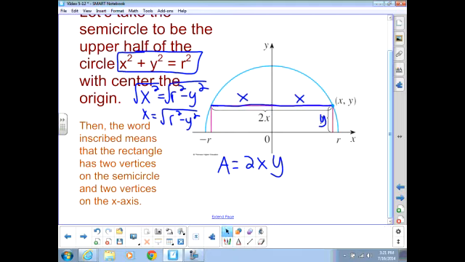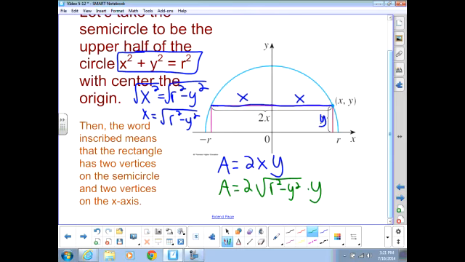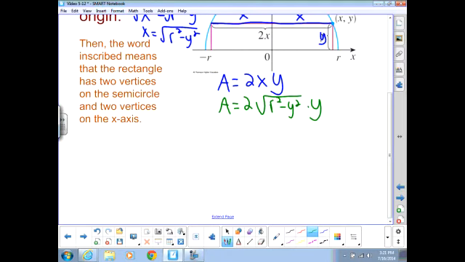When we sub that in for x, we'll get A is equal to 2 times the square root of r squared minus y squared times y. And to neaten that up, let's just write the 2 and the y out front together, and we'll put the r squared minus y squared in parentheses raised to the 1/2.